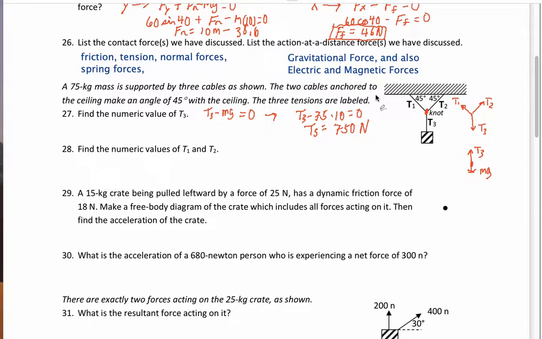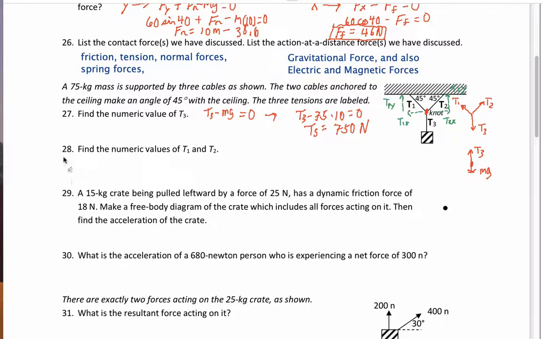This is such a great little free body diagram. What I'm going to note here is that I have, let's use a different color. Let's use green. So we have T1 in the x direction, T2 in the x direction. And those clearly balance because they're the only x forces. Then we have T1y and T2y, like that.